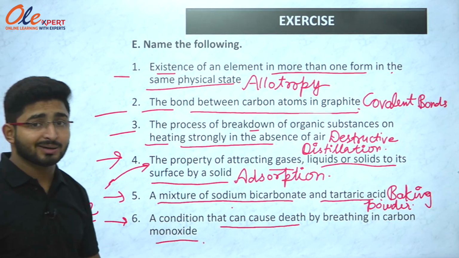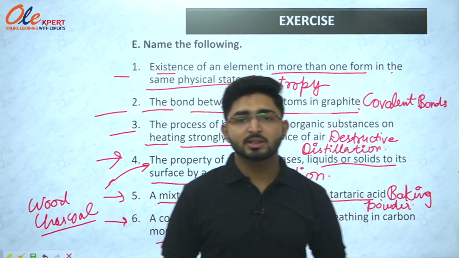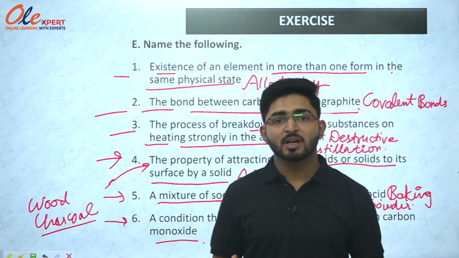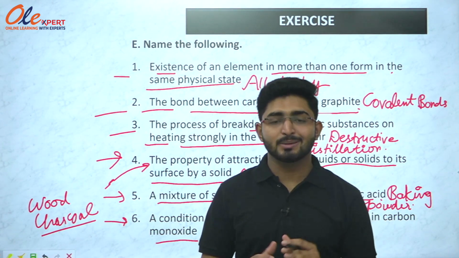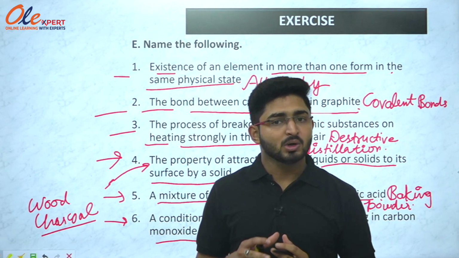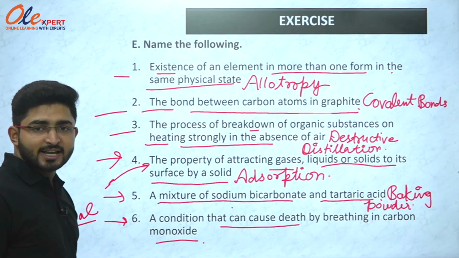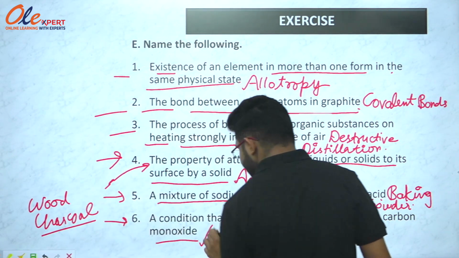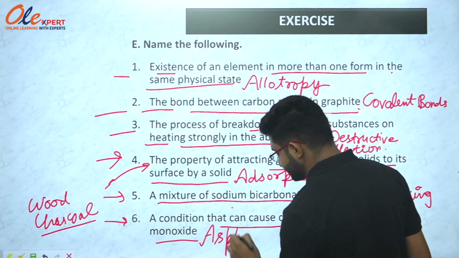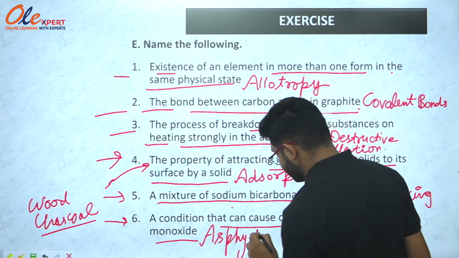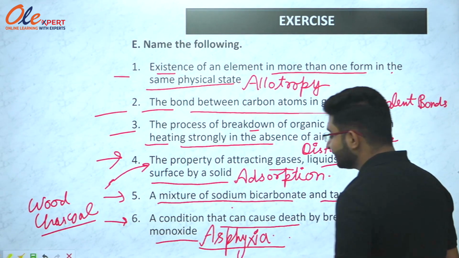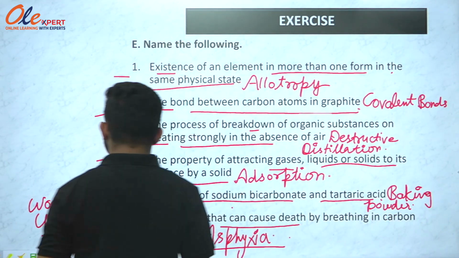So when we breathe carbon monoxide, it reacts with the red blood cells and forms carboxyhemoglobin. It's a stable compound which may lead to death of a person, and this condition is known as asphyxia. So these are the correct answers for these given statements.